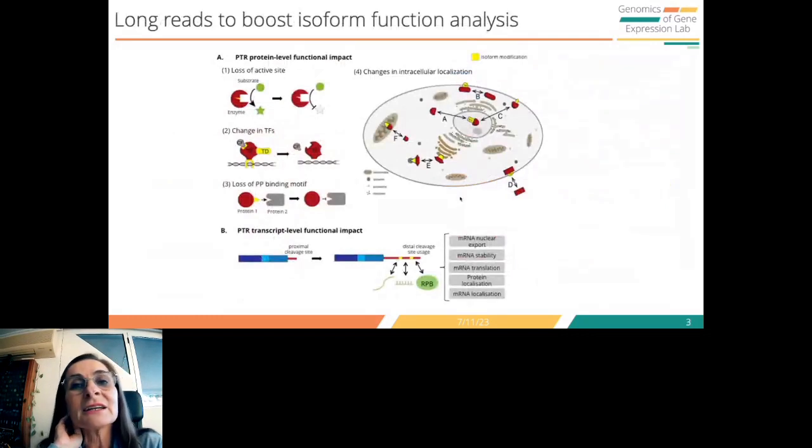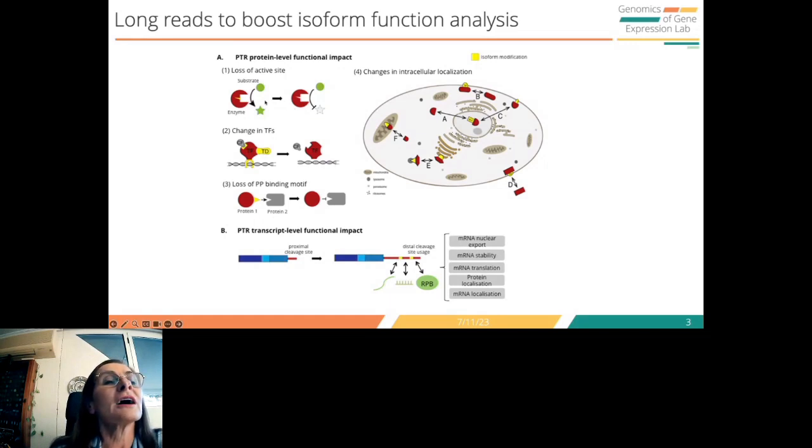There are many examples in which different isoforms from the same gene are shown to have different types of functionality. That's because an alternative isoform may have changes in the inclusion of functional elements.